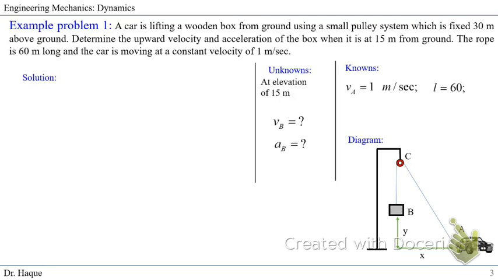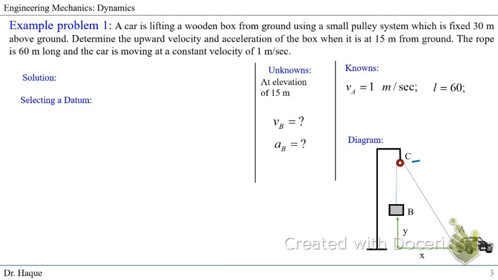Before solving this dependent motion problem, first we have to find a datum. To find a datum, we can choose any fixed point. We cannot take any moving point. For example, we cannot take the car as our datum because it's moving. So we can take either C or any base point.